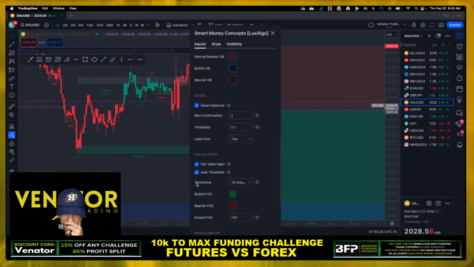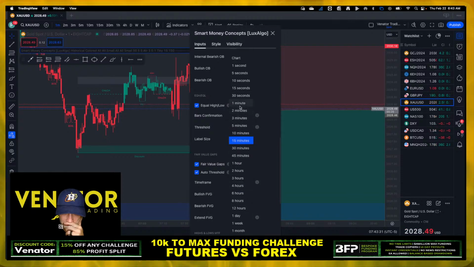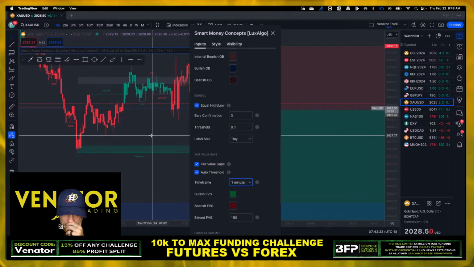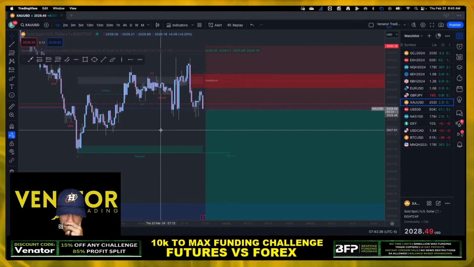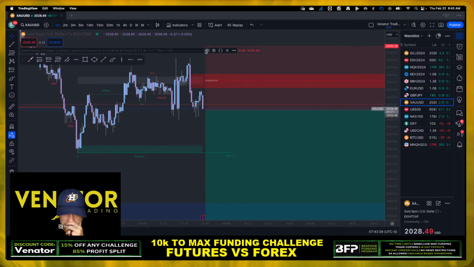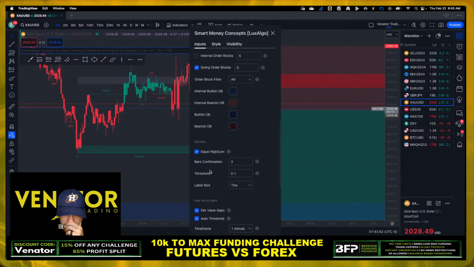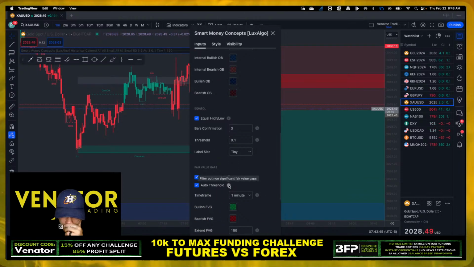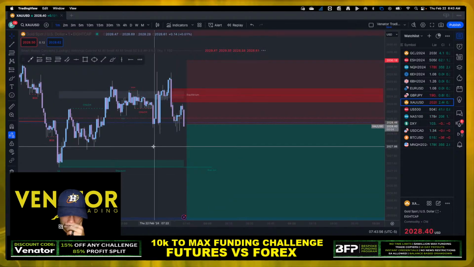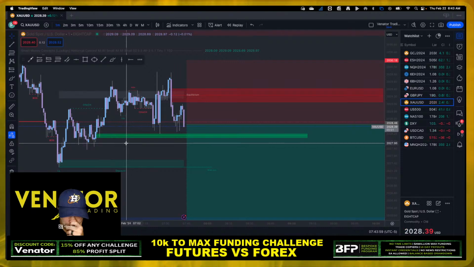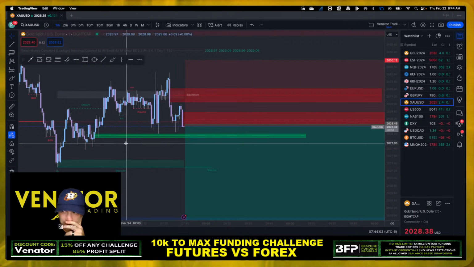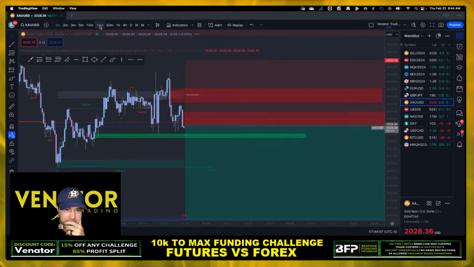It does show fair value gaps. Oh, we need 1 minute fair value gaps. And let's see what else. Filter out non-significant fair value gaps. Well, how does it do that? Let's turn off auto threshold. All right, so we're coming in here to the end of this 15-minute candle.